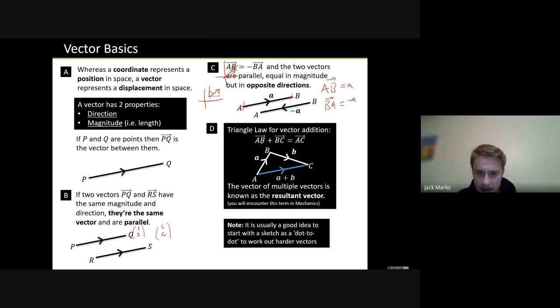So this is a bit like a dot to dot with letters. How do you get from A to C? Well, you might start at A and then go to B first of all, which would be like this. That's called vector with a little a. That's defined as little a. Then what movement would you have to do after that?